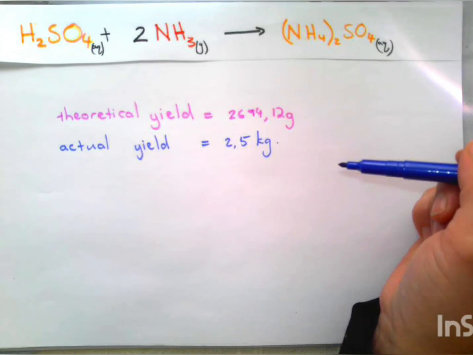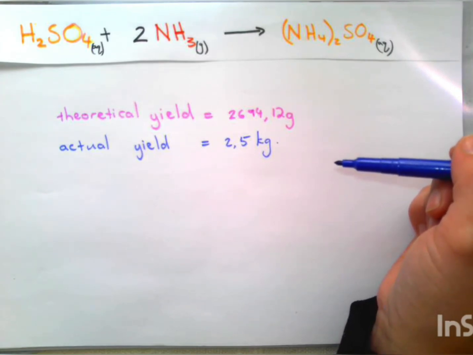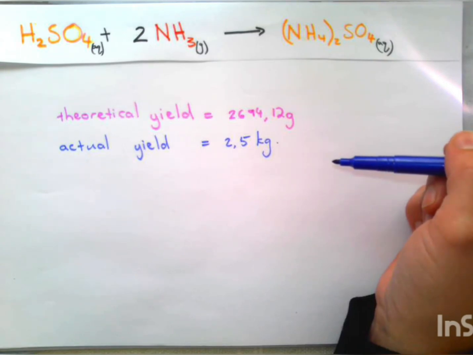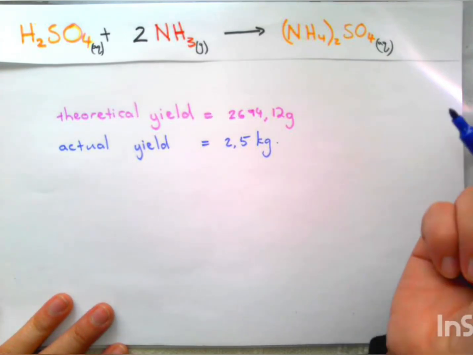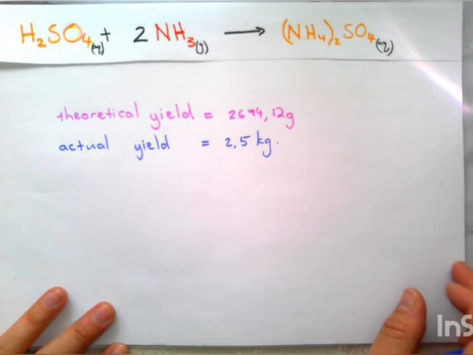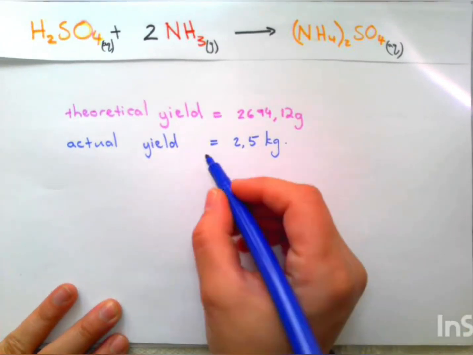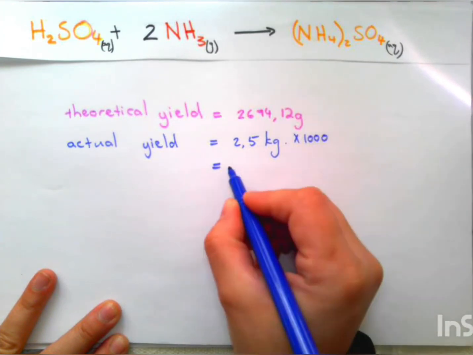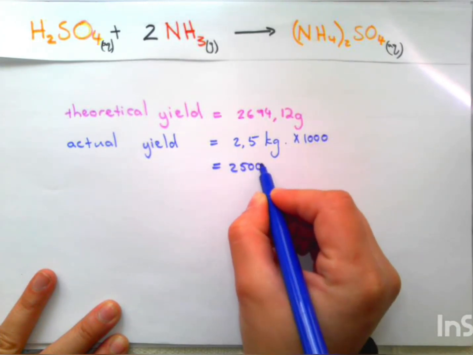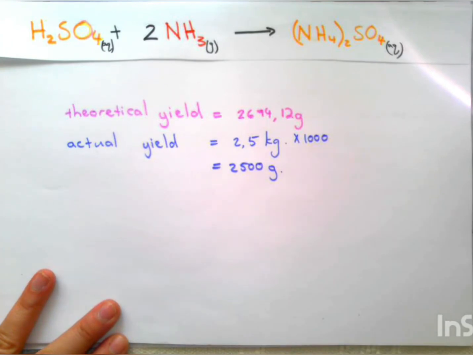Because we're just calculating a percentage, it's not crucial which one, but when in doubt, go with grams. So that would be times 1,000, which gives us 2,500 grams.